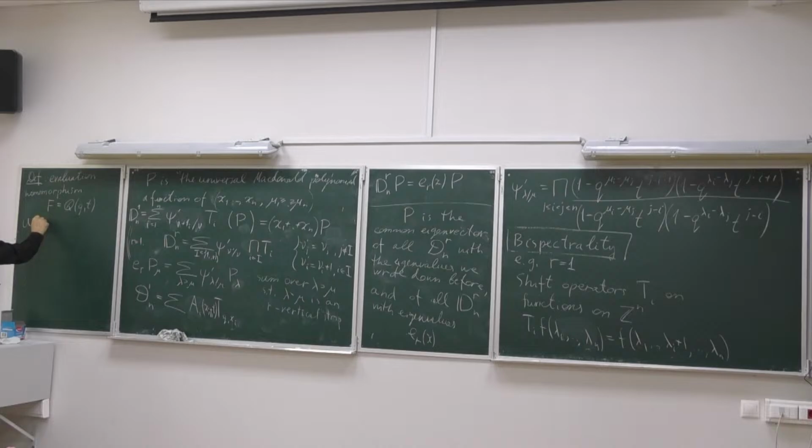U lambda is from polynomials in x1 up to xn, with coefficients in this field, to the field itself. Namely, xi goes to q to the power lambda i, t to the power n minus i.